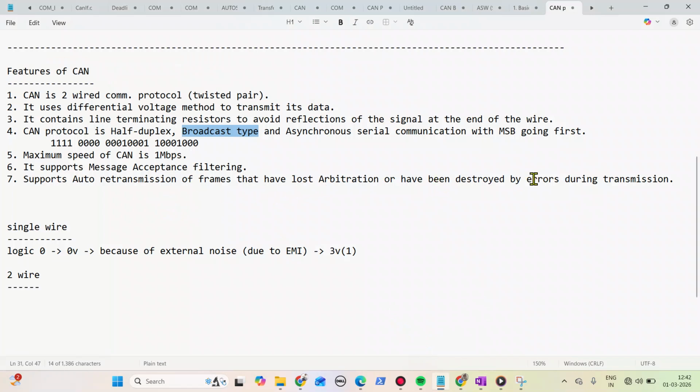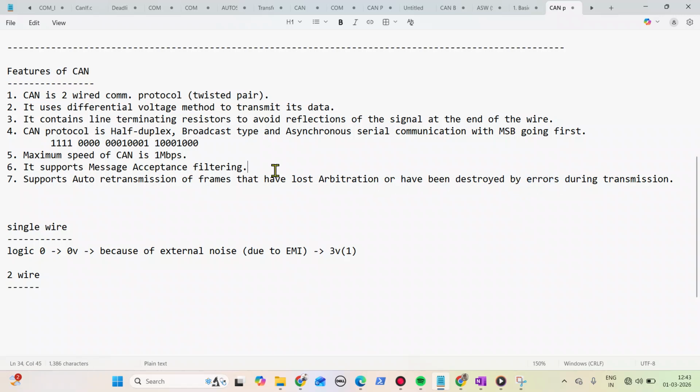The same thing will also happen during errors. For example, during your data transmission, some error happened and that data frame was discarded. Then your node will again try to transmit the same data frame. If you are not getting this point, don't worry guys, in further classes we will see.